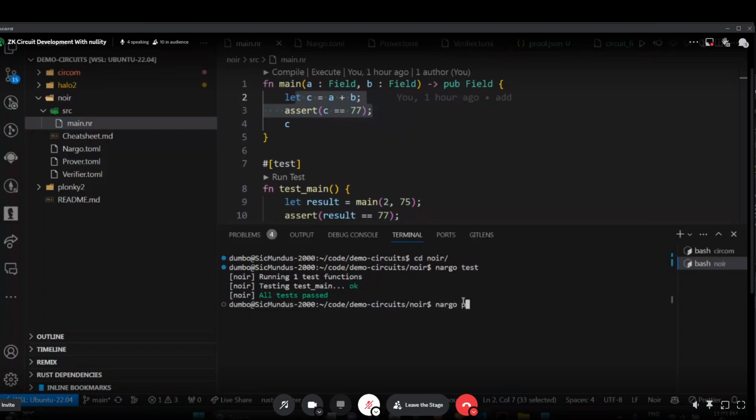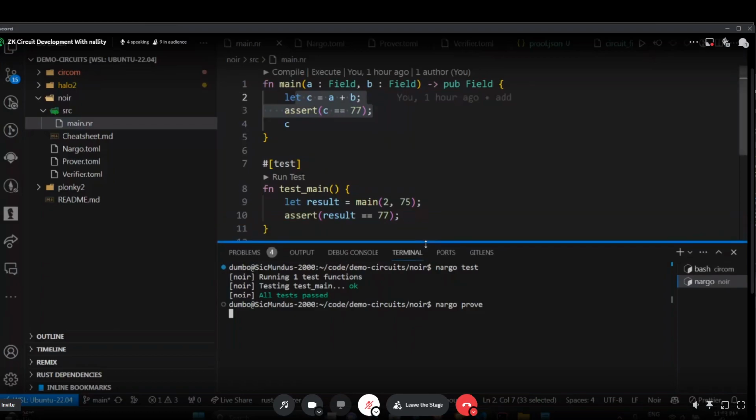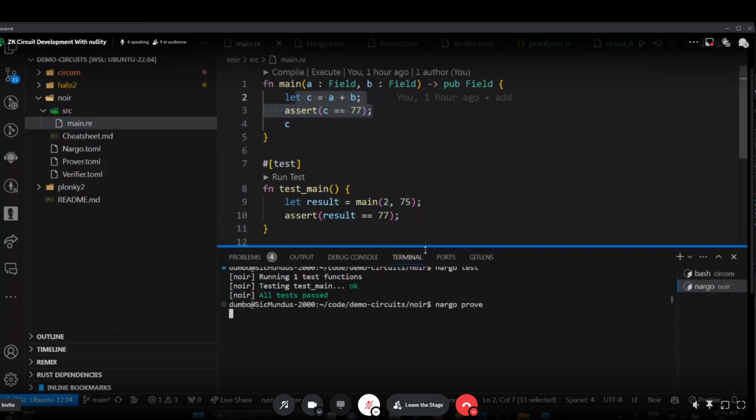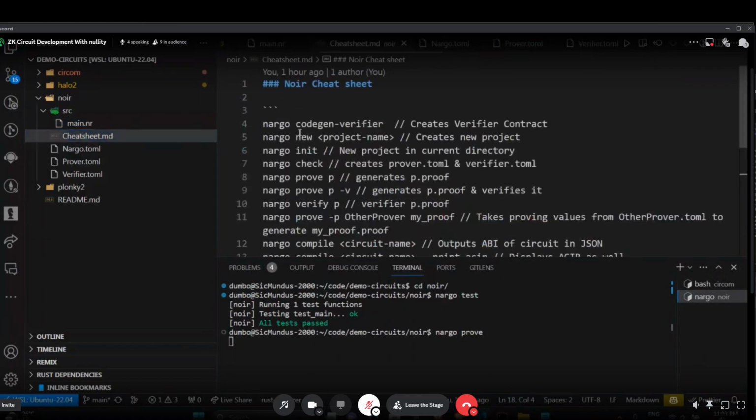But nargo prove, which is the command you give to generate a proof, just gets stuck. So just try it some other day. It's very easy for beginners, I would say.